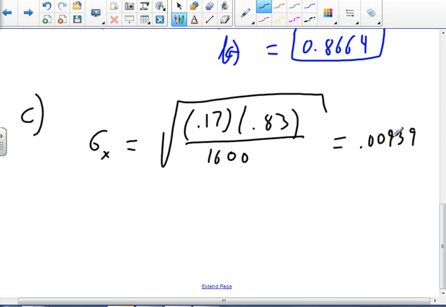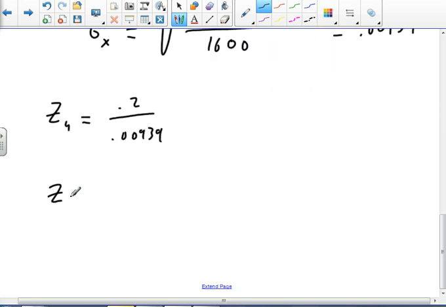Okay, we'll go with 0.00939. So the upper z is 0.02 divided by 0.00939, and the lower z is minus 0.02 divided by 0.00939.